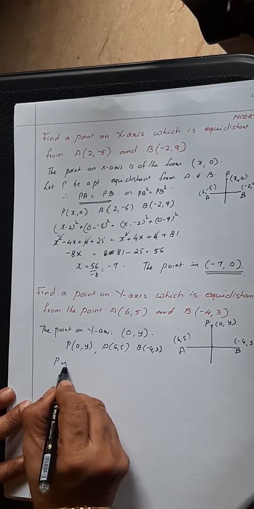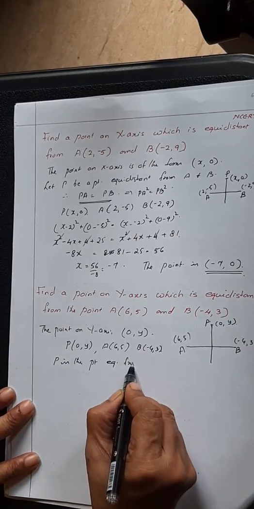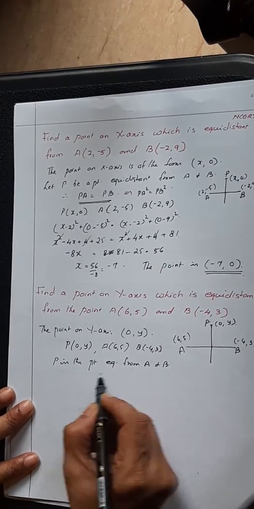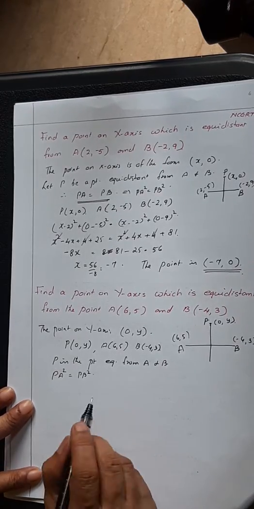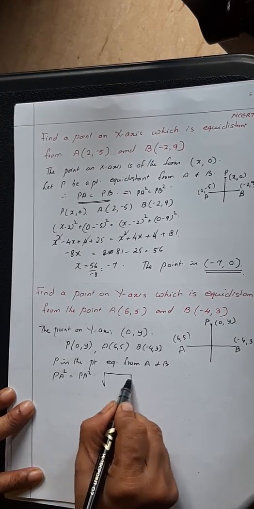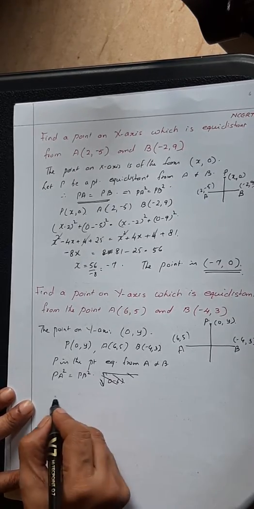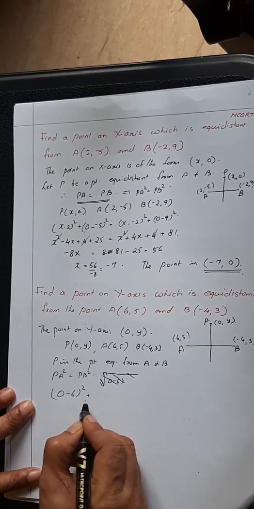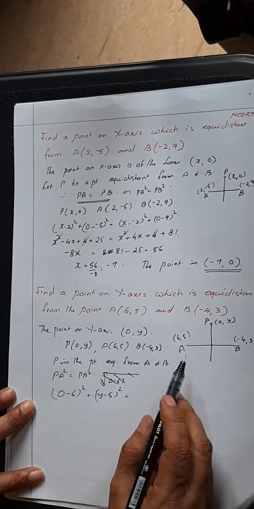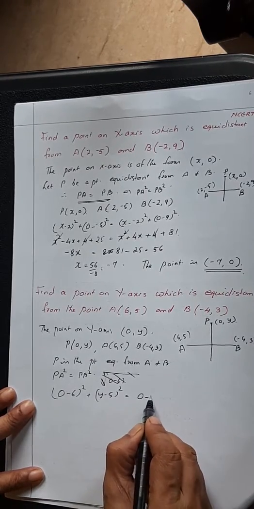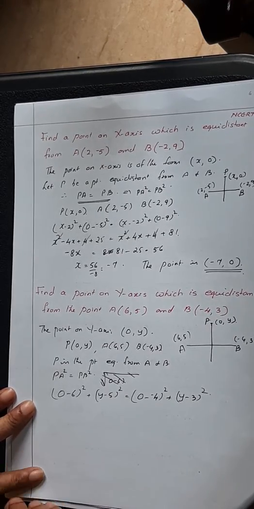So P is the point equidistant from A and B. So PA squared is equal to PB squared. So you can remove the root. (0 minus 6) the whole squared plus (y minus 5) the whole squared is equal to (0 minus minus 4) the whole squared plus (y minus 3) the whole squared.